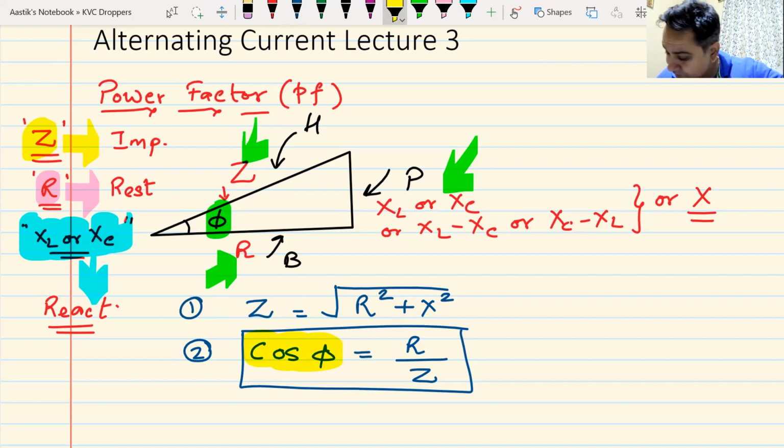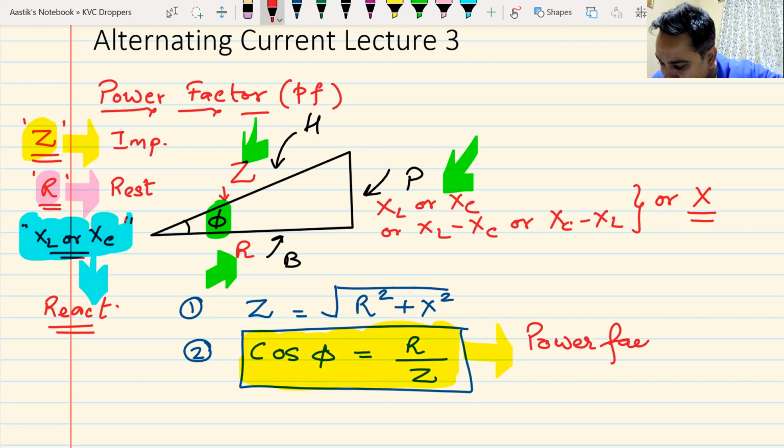The value of cos phi is known as the power factor, or PF, of the circuit.